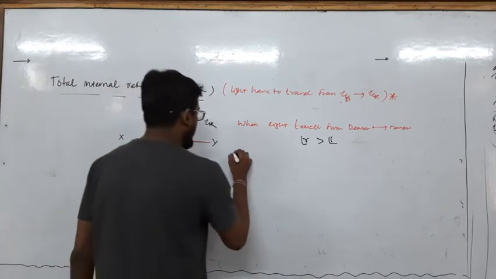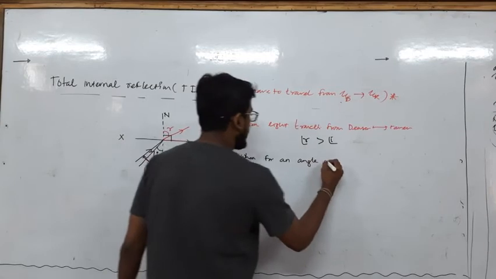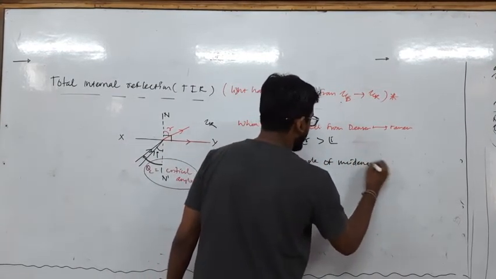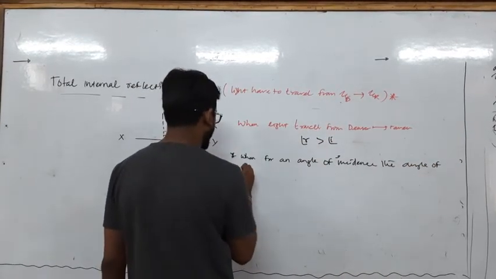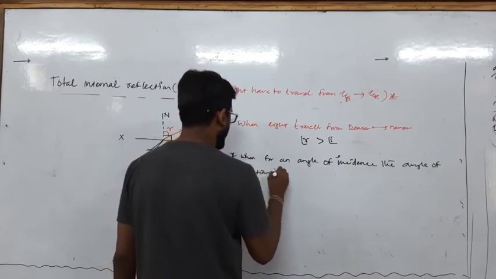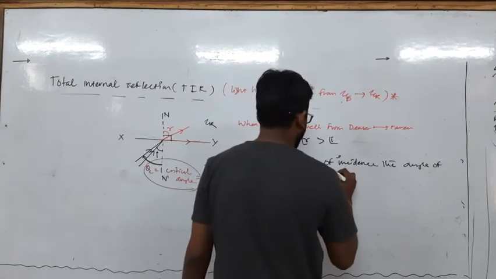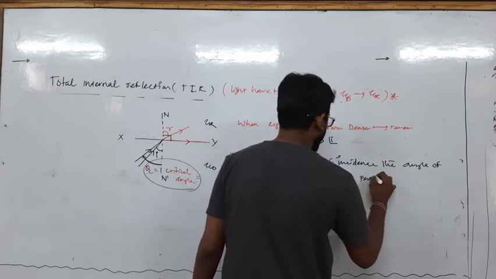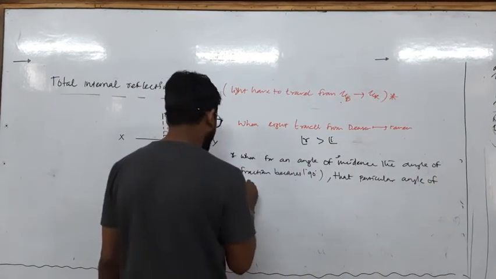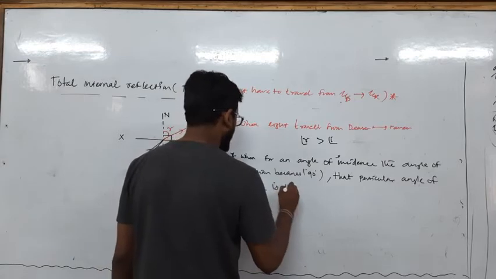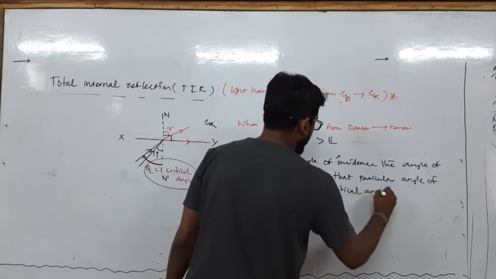Clear? So you have to remember, when for an angle of incidence the angle of refraction becomes 90, that particular angle of incidence is known as the critical angle.